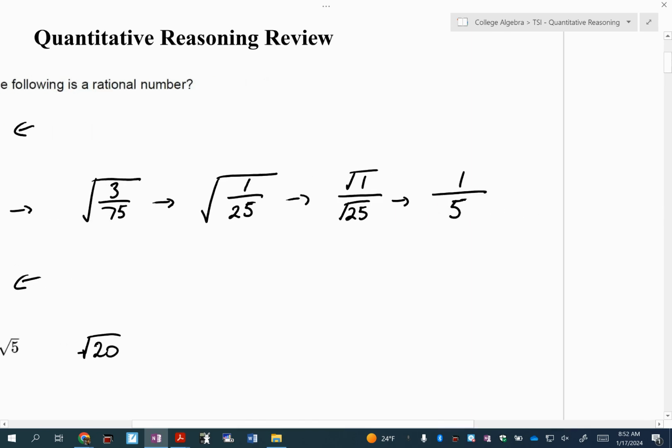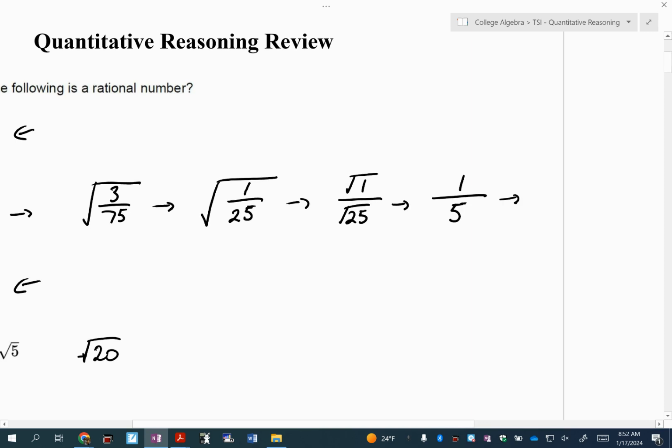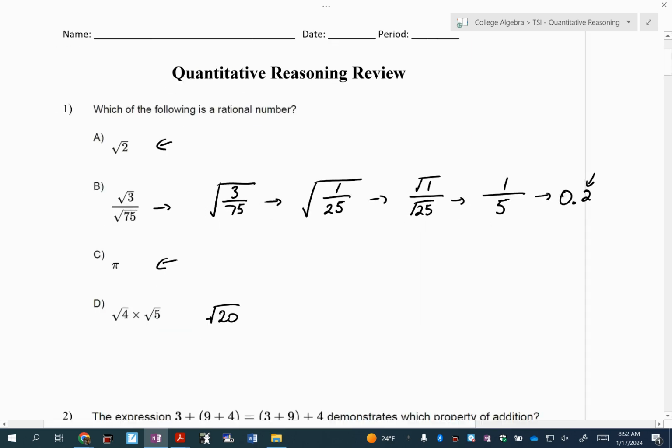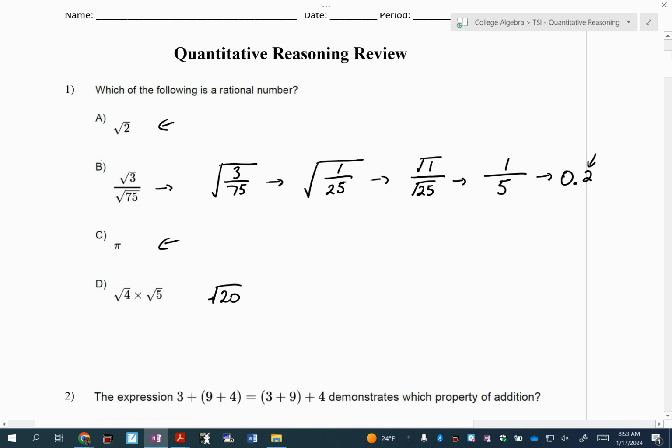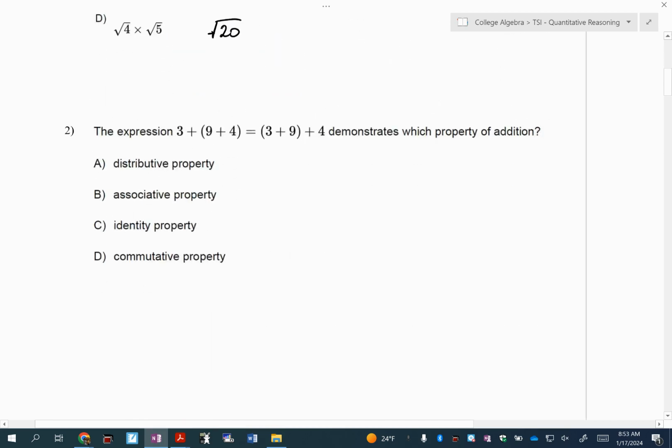So if you wrote that as a decimal, it would be 0.2, which you notice is going to stop in the tenths place. So the only rational number is going to be 0.2. So B.